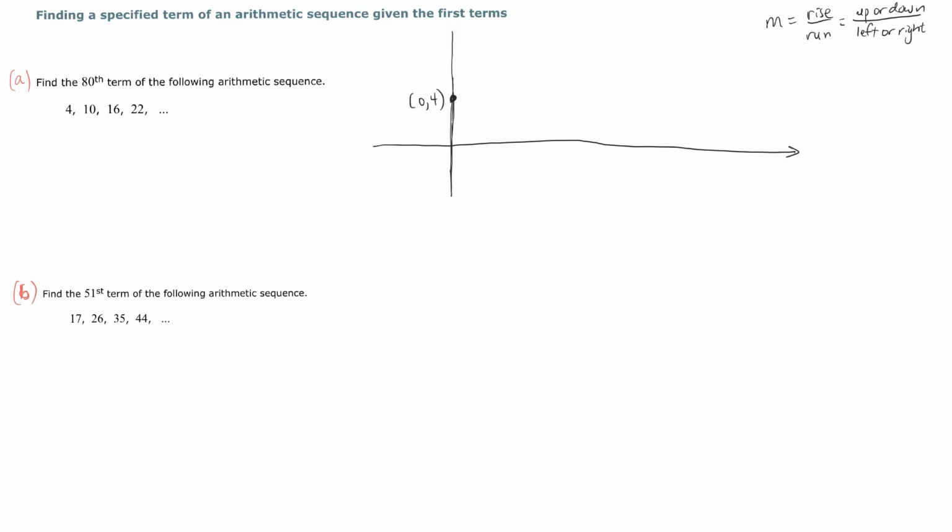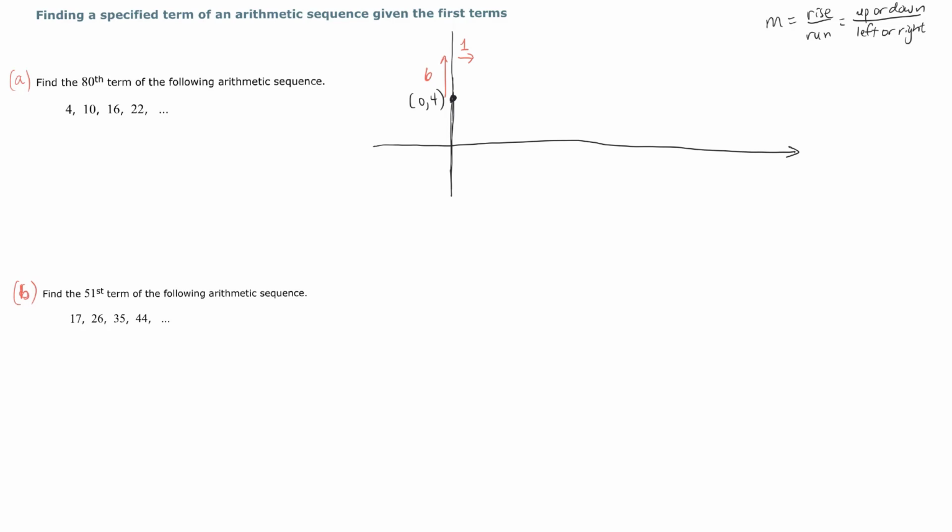In this case, our arithmetic difference is actually going to go up 6, and then we're going to go right 1. So if we go up 6, right 1, and then you go right 1 unit this way.